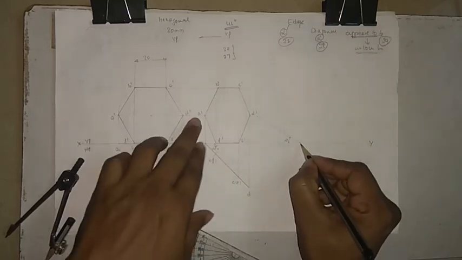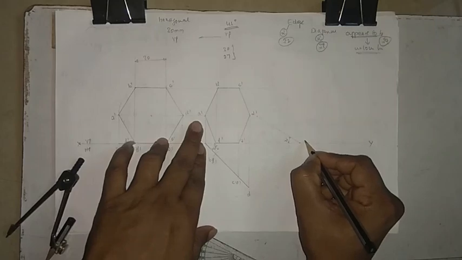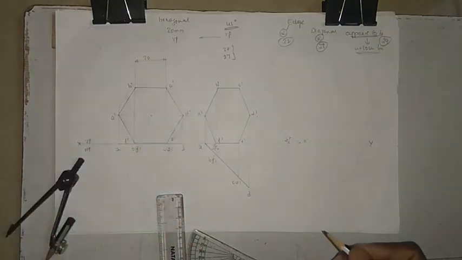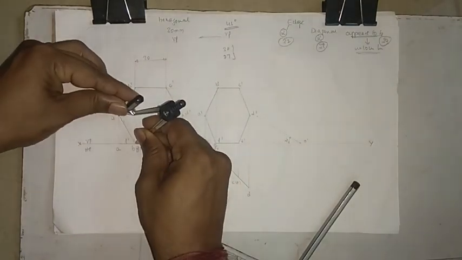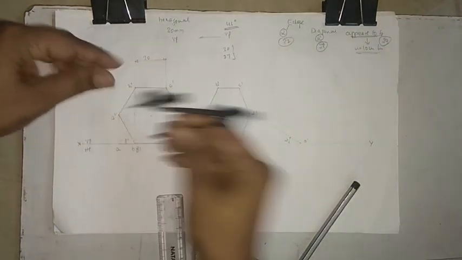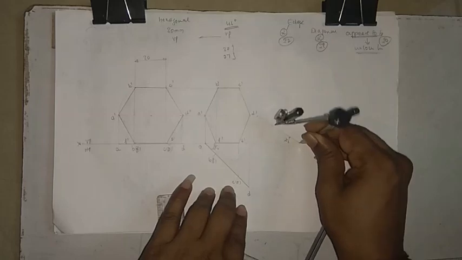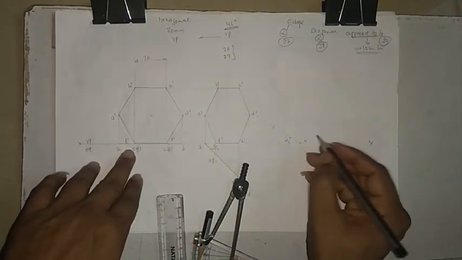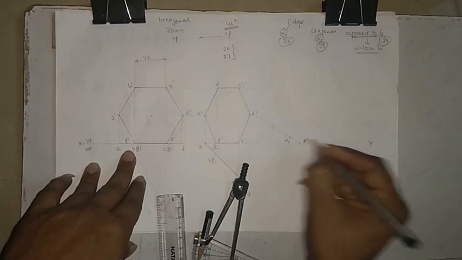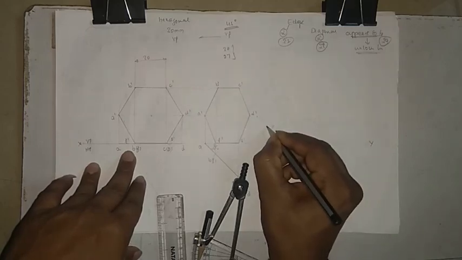Okay, so this is our point A. So we'll write this is A dash. Okay, so on this line first we'll take B to A. So this is F dash and this is our A dash.